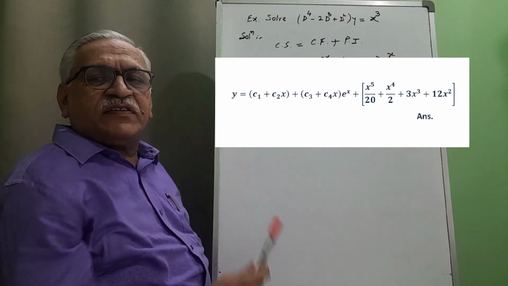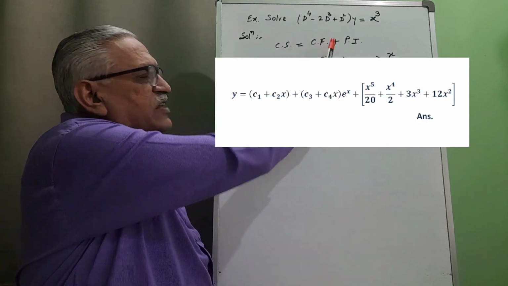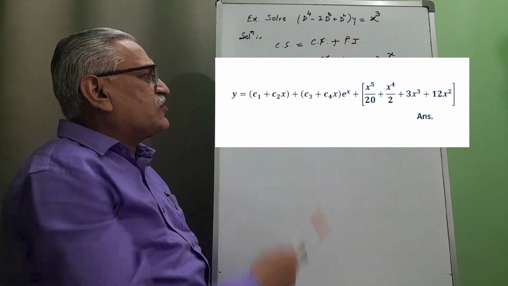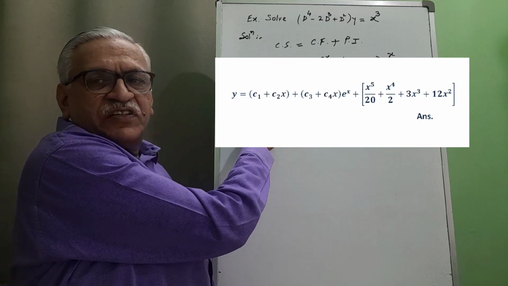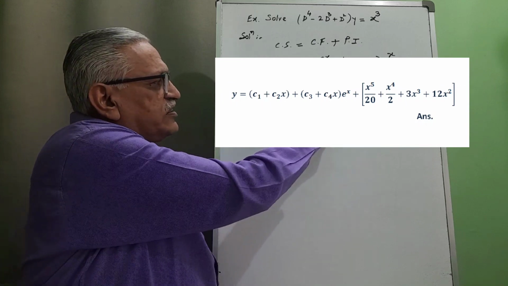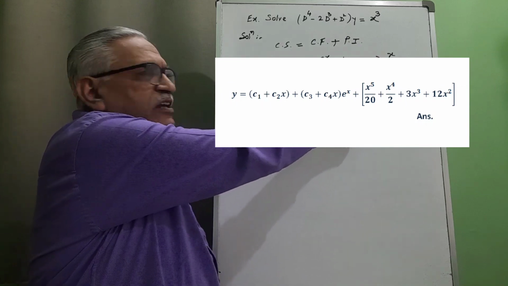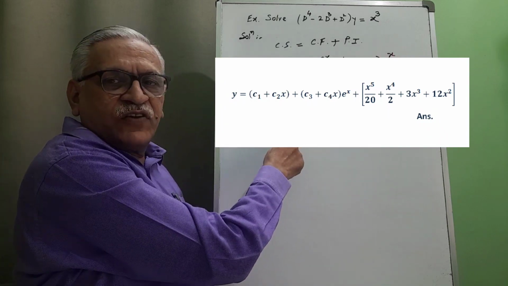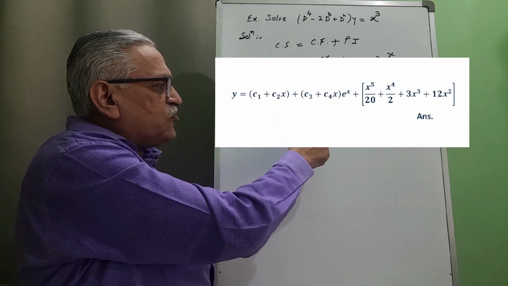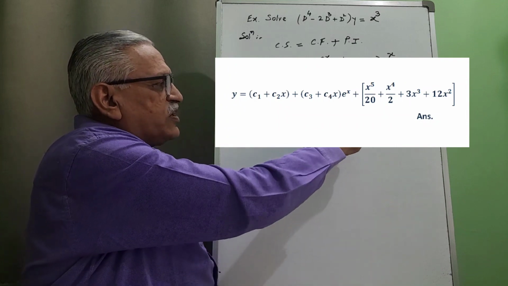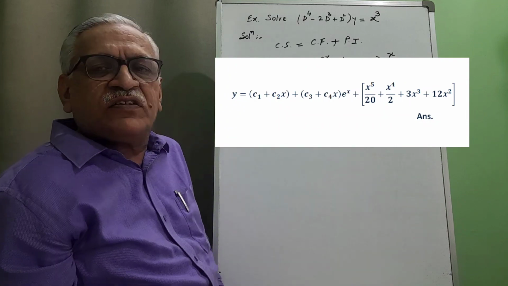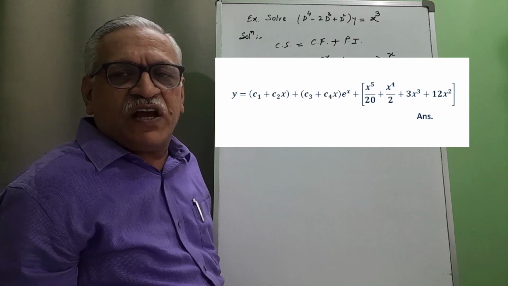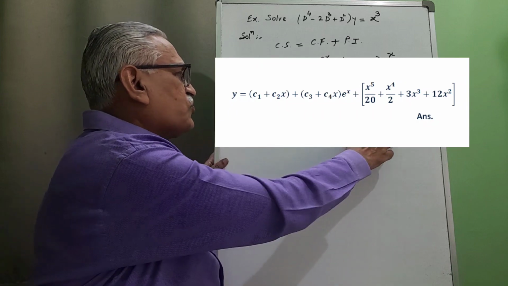Therefore, once again I will repeat, a complete solution is the addition of the complementary function and PI, the particular integral. CF is (C1 plus C2x) plus (C3 plus C4x) into e raised to x, and the particular integral is x raised to 5 by 20, x raised to 4 by 2, plus 2x cube and plus 12x square. Whatever we have here is called the solution.